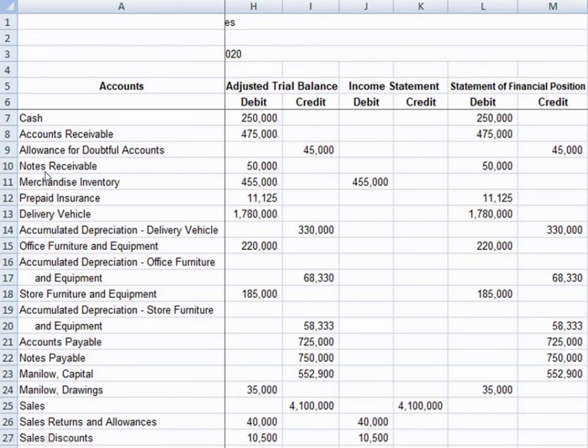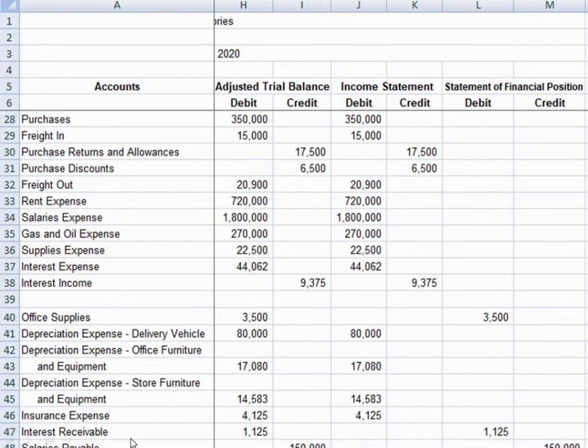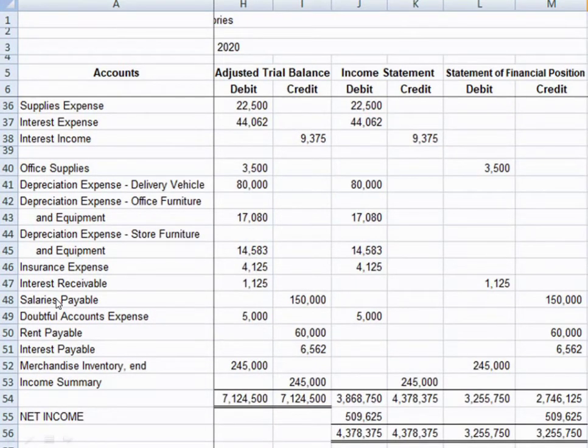Is there any other account which should be part of trade and other receivables? Interest receivable of 1,125. That's the last composition of trade and other receivables.